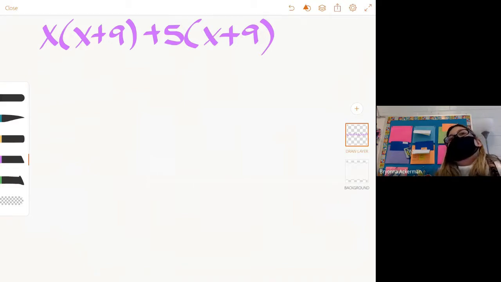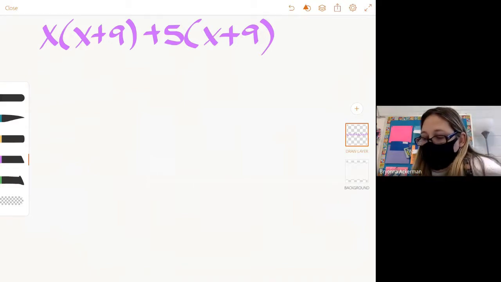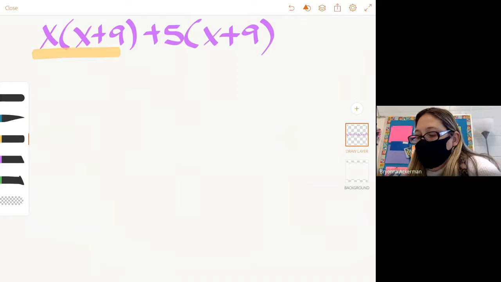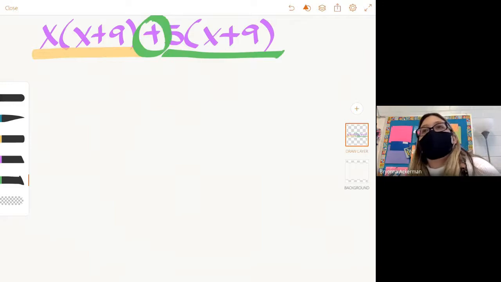Okay. Now, remember when we have terms, they're connected by multiplication. So this is one term, and this is one term, because in between, there's an addition, right? Is there anything in common on the two terms? Yes, the thing we just did, right? The x plus 9. So my greatest common factor is x plus 9.